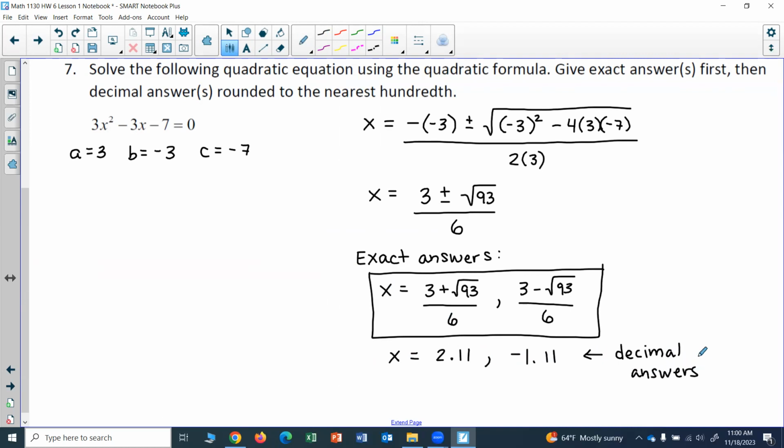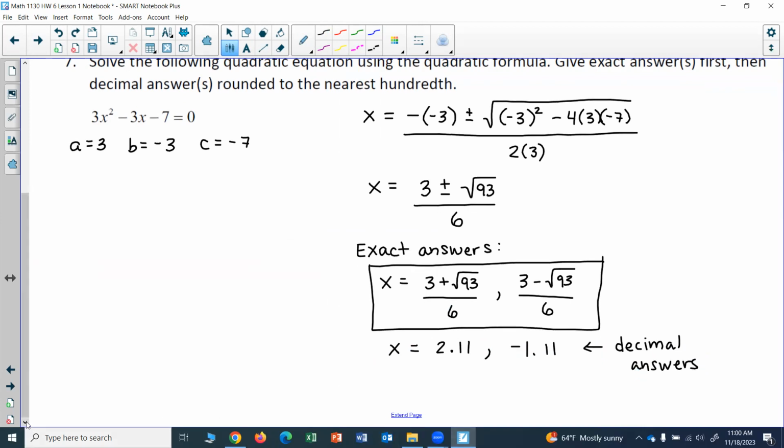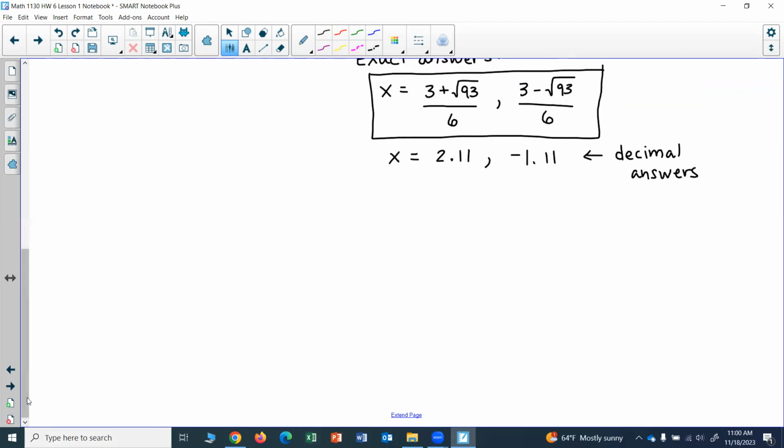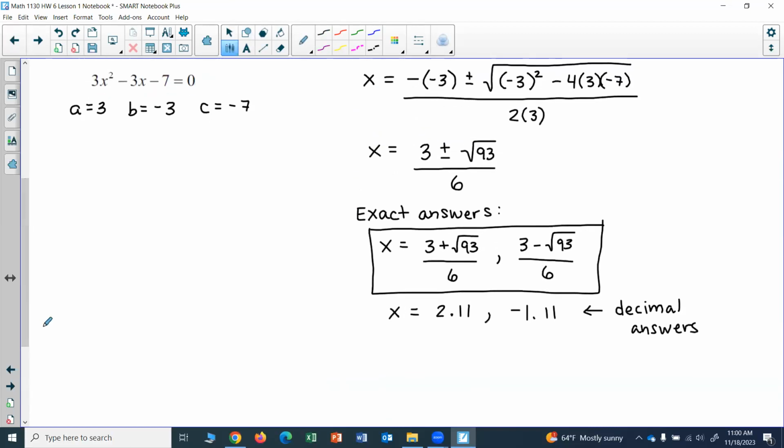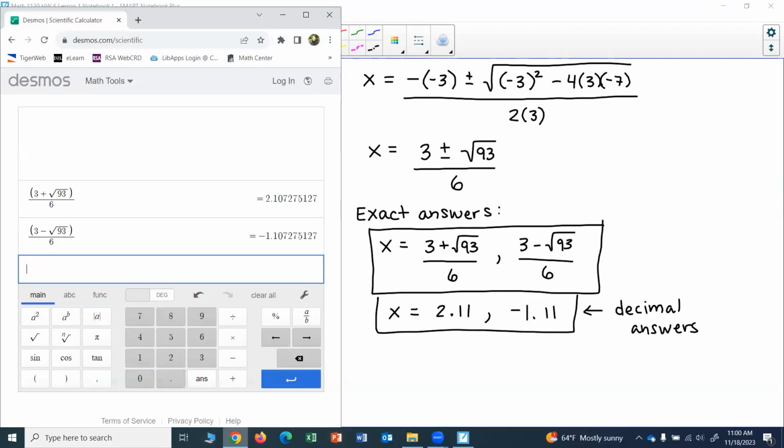Now, just like in the last videos where we were solving quadratic equations, the way to check your answers is to plug them into the original equation. So it may not come out exactly 0 because I've rounded to 2 decimal places, but it should come out pretty close if I've done my equation right. So to plug into the original, I'll start with the 2.11.